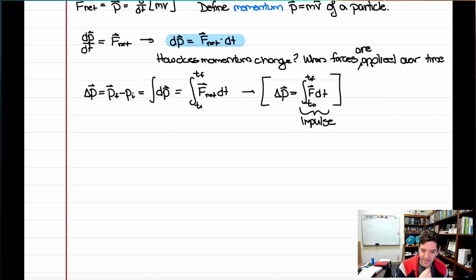When a force acts on an object for an extended period of time, that acts to take the momentum vector and potentially shrink it and stretch it out, or maybe even move it around a little bit. Take, for example, a bouncing ball. I'm not going to care so much about gravity right now. I throw the ball down towards the floor.